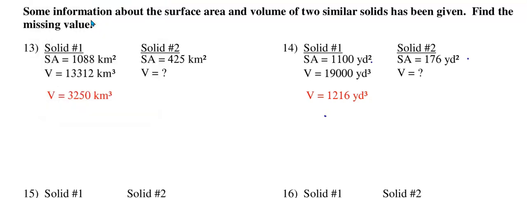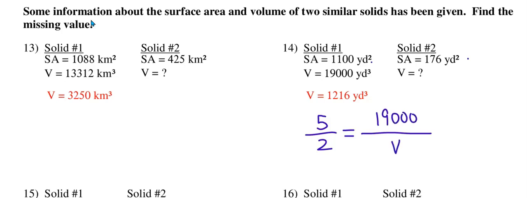Once you've got the scale factor, I'm going to write the one that has arrows so you can tell me why it's wrong. And the missing one, I just use V. This is incorrect. Why? Did you say, oh, I need to give it a cube power?